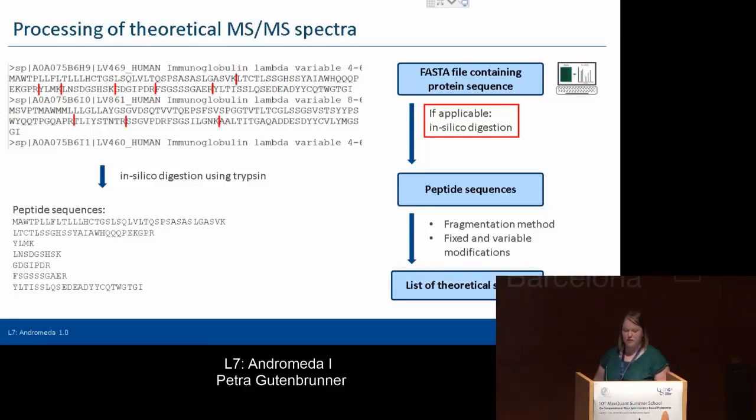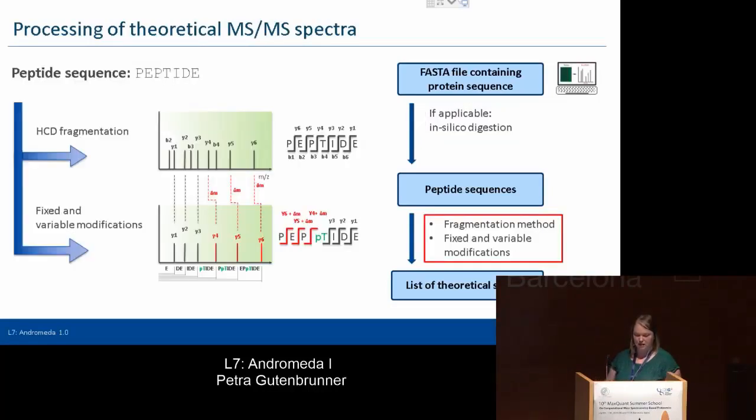Next, we have other information that we have to configure in the search, which is the fragmentation method and the variable modifications which we expect. Based on this information, we know now the peptide sequences, and for each of the peptide sequences, we have to calculate theoretical spectra. The fragmentation method is important because based on that, you get a different ion series.